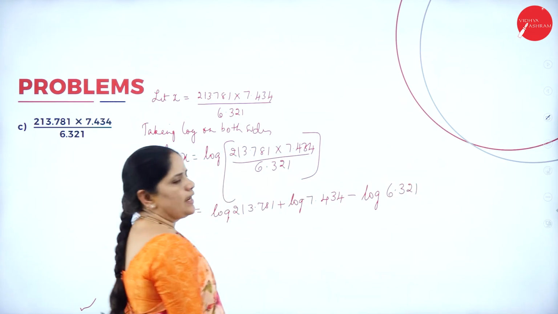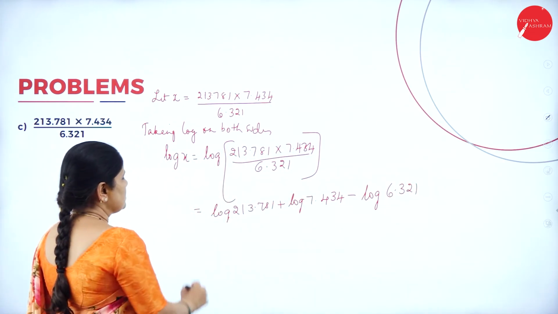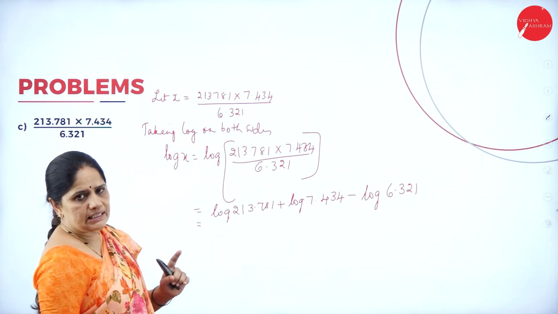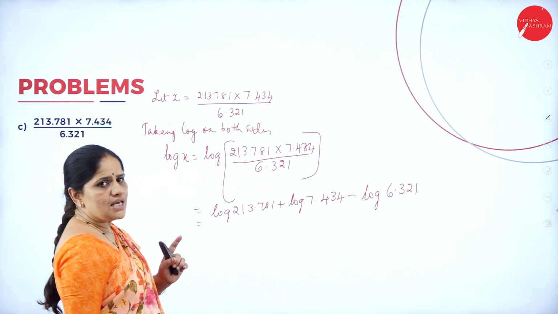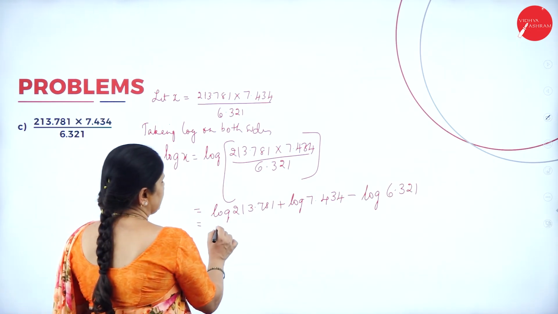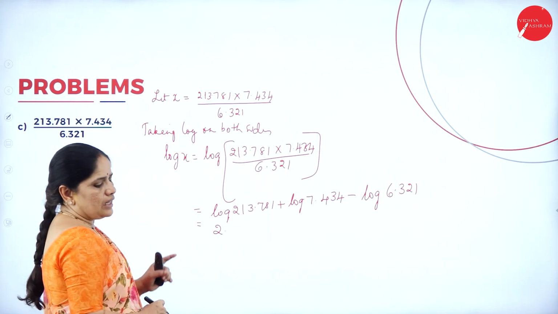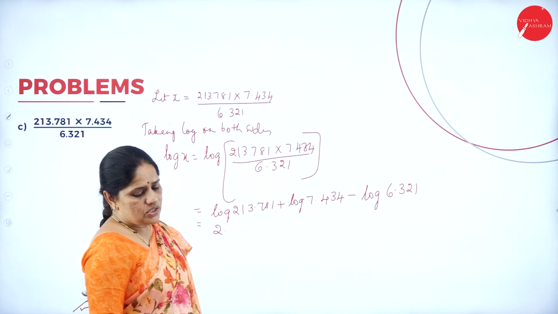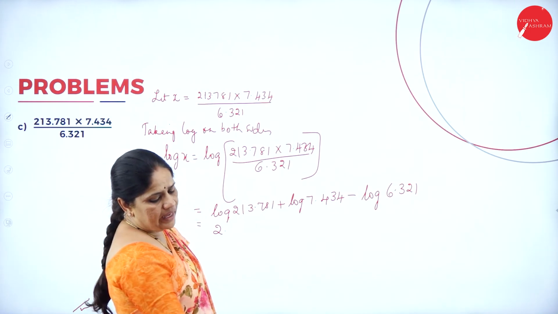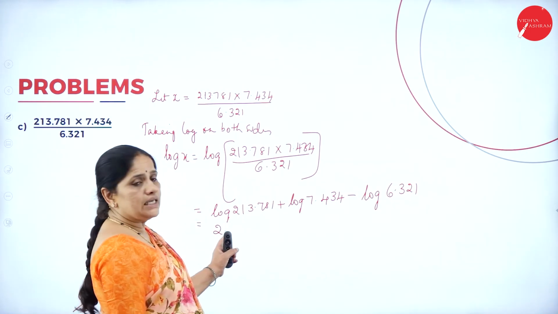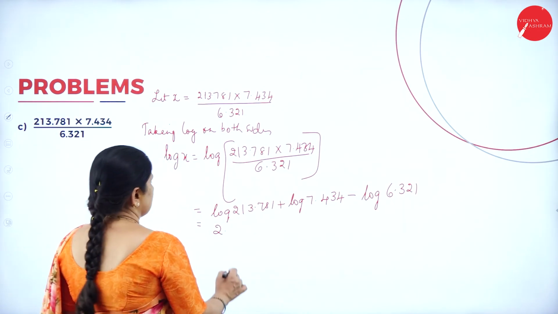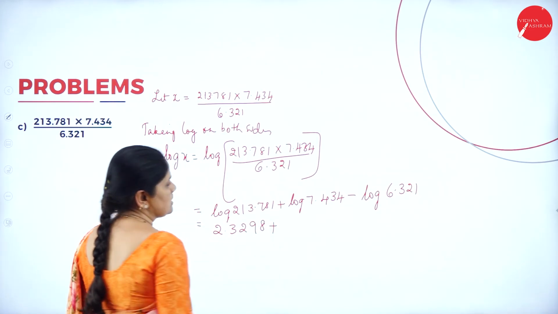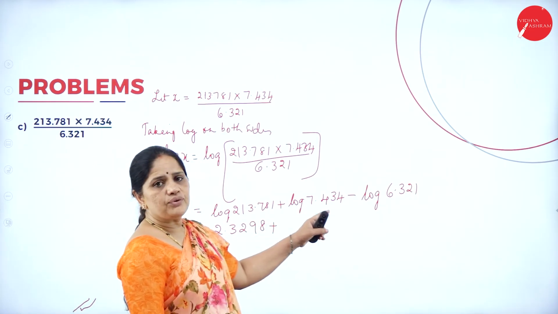Now, we will find out the log values here. So, log of 213. So, there are 3 digits. When there are 3 digits, 3 minus 1 is 2. So, I will write it as 2 point. Now, I have to find the value of 2137. So, when I use the log table, I will be getting 2.3298. So, 3298 plus log of 7.434.